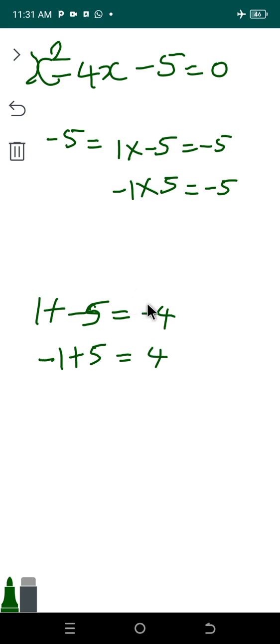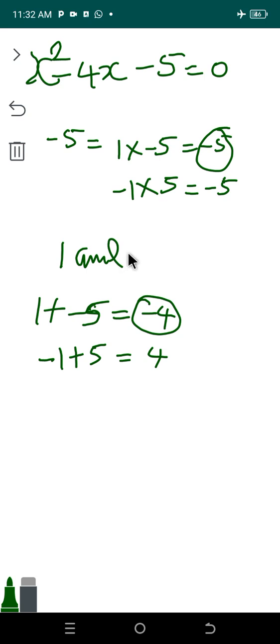So this pair satisfies it. We are going to consider the pair 1 and minus 5 as the factors of the constant minus 5. If you multiply them together, you have minus 5. If you add them together, you have minus 4. So let us consider that and solve as follows.